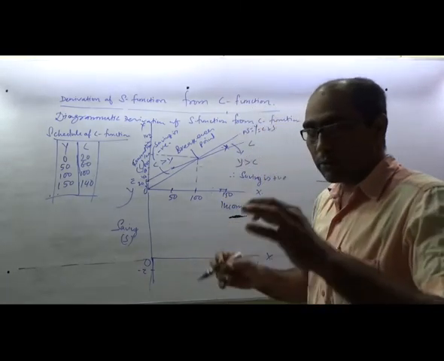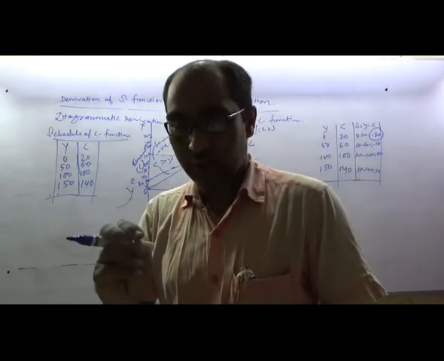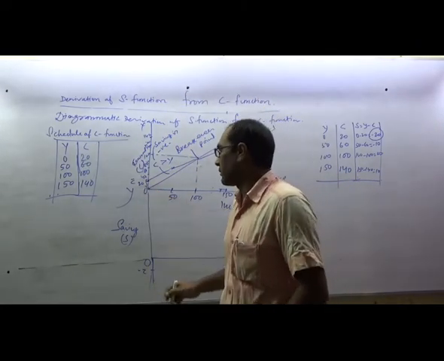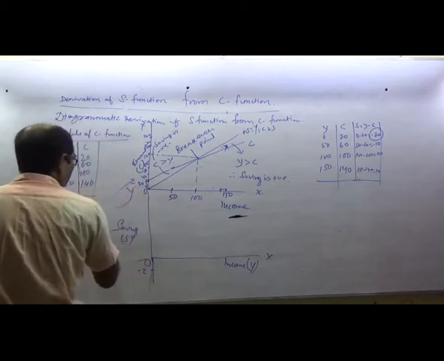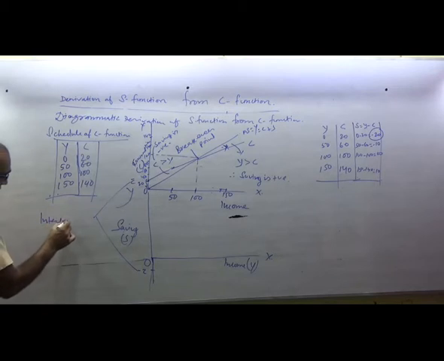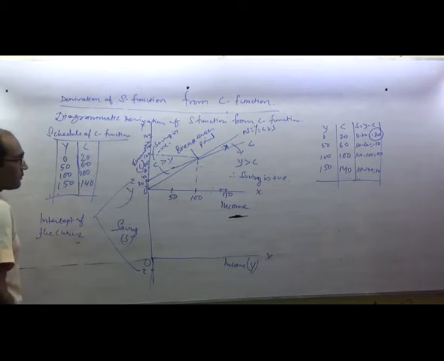So you have to keep in mind the 3 points. The first point: at the point of intersection, both the points, that point and this point, are popularly known as the intercept of the curve.